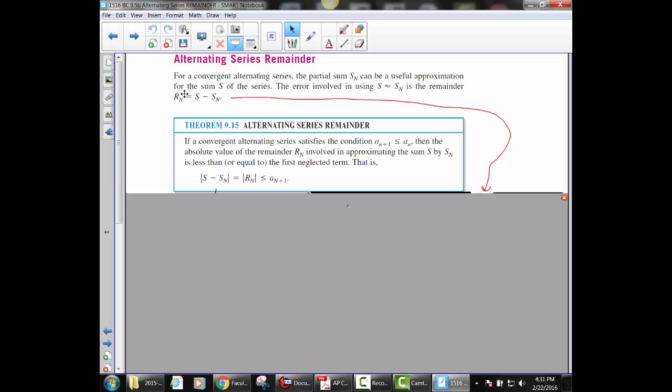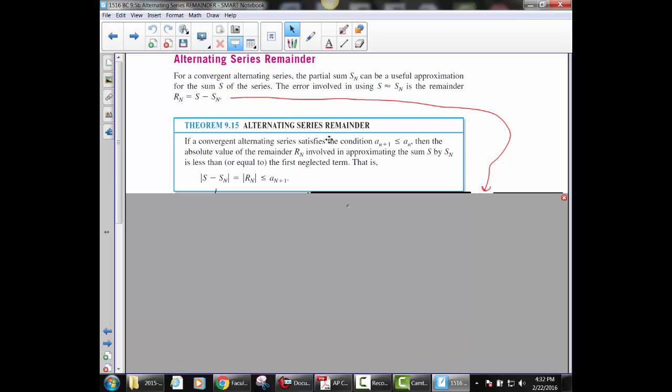So the remainder is going to be the sum of all the terms, the infinite number of terms, minus the sum of the first 10. So this would be R10 equals S minus S10. If you take all the terms and take away the sum of the first 10 terms, what you'll be left with, this R10, is the 11th term plus the 12th term plus the 13th term, etc., etc.